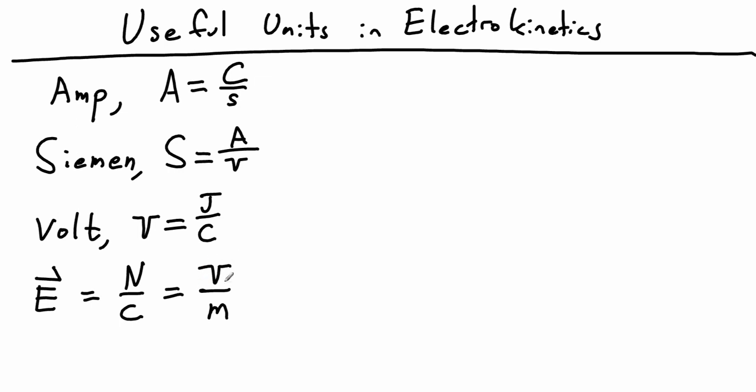So if I have a certain voltage difference, and that certain voltage is a certain distance apart, those 2 numbers tell me how strong the electric field is. You're going to need all these units, be able to manipulate these units to be able to check and cancel your units in electrokinetics.